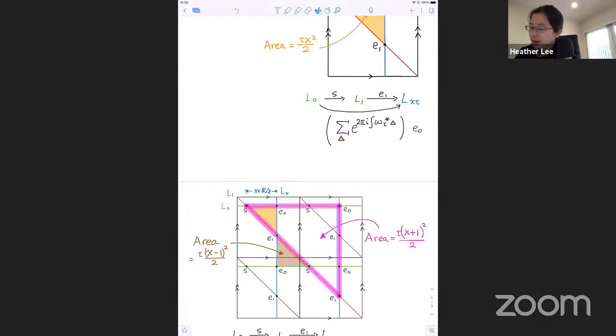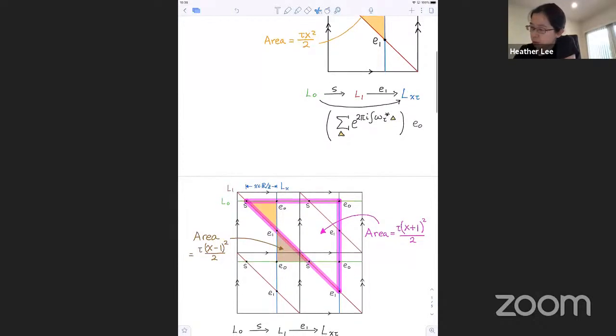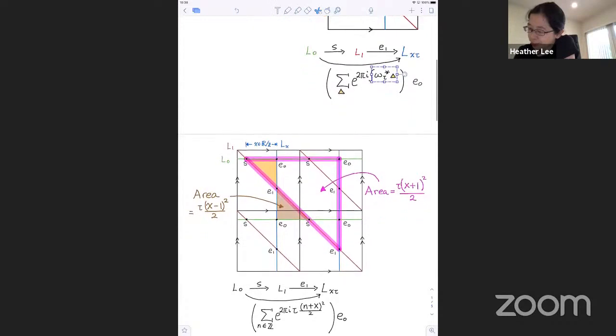So overall, for any integer n, positive or negative, there's a triangle with area tau times x plus n squared over 2. So we've counted all these triangles and computed their areas, and we see that now S times E1 is this number times E0.